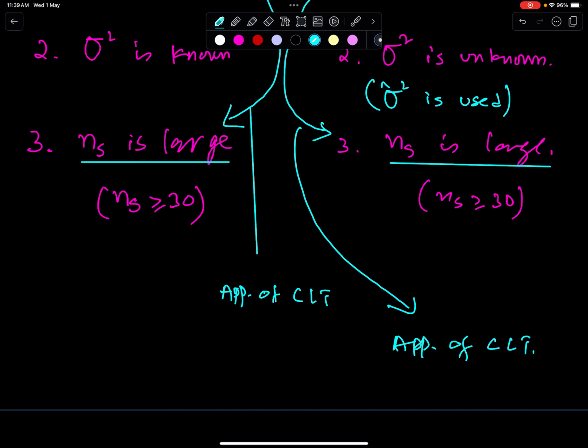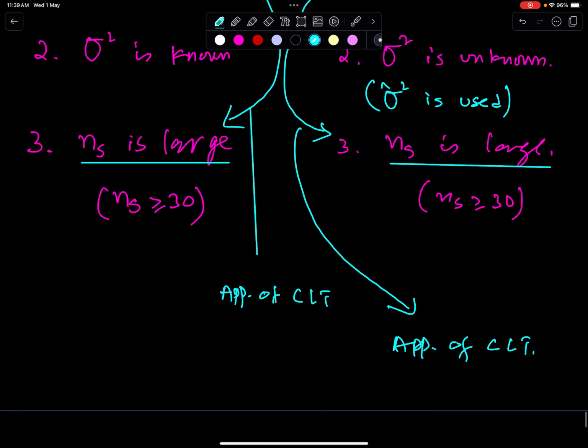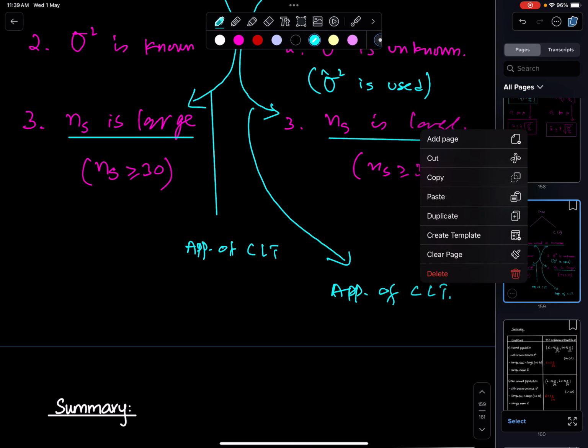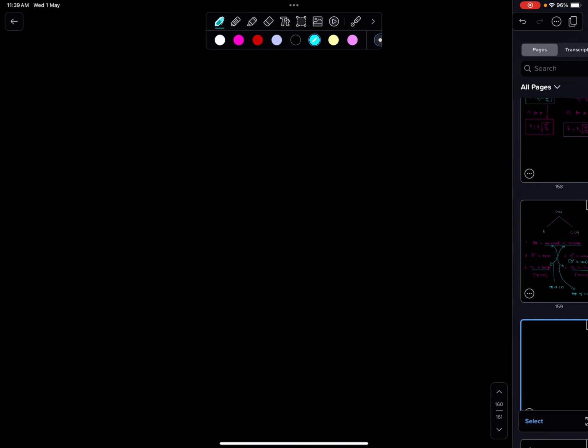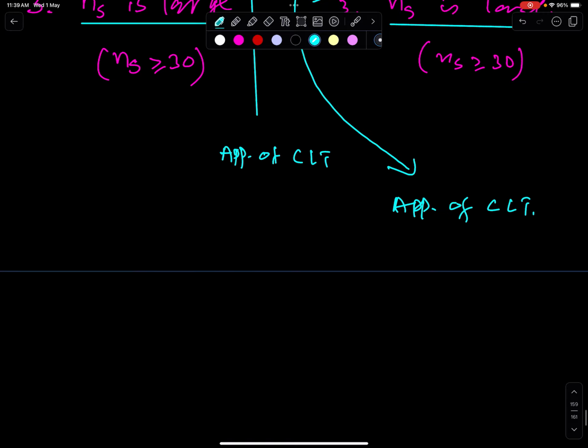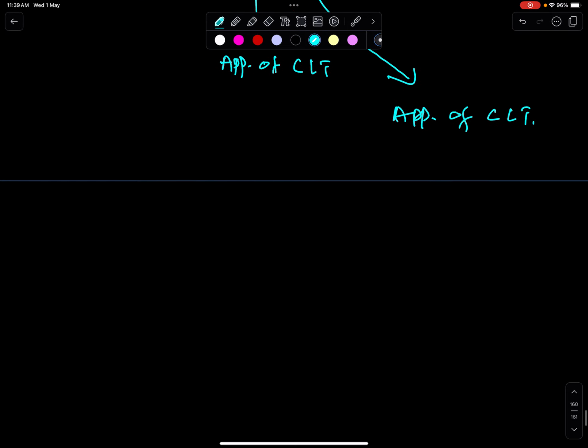And what is CLT? CLT means if population is non-normal or unknown and n is large, then X bar is approximately normal. This is CLT. You can watch my lecture on CLT to understand CLT in detail. So this is mu and this is sigma square upon n.